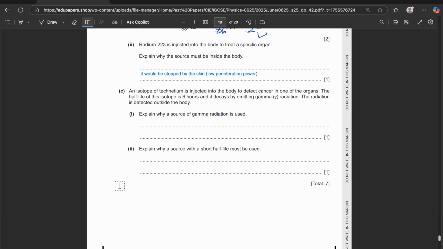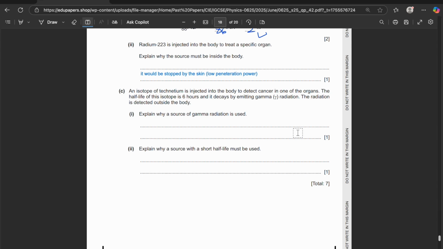C. An isotope of technetium is injected into the body to detect cancer in one of the organs. The half-life of this isotope is 6 hours, and it decays by emitting gamma radiation. The radiation is detected outside the body. Explain why a source of gamma radiation is used. So to detect it, you need to be able to measure it.